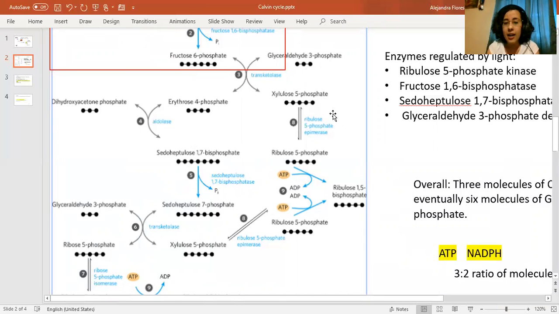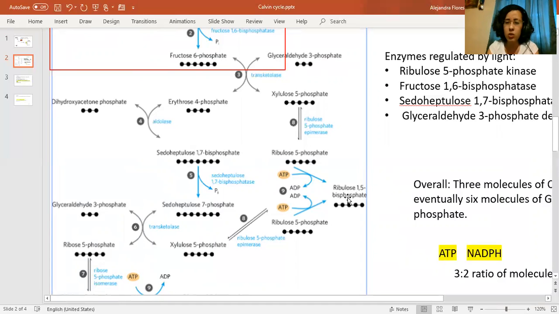And xylulose 5-phosphate is gonna be converted into ribulose 5-phosphate. It's gonna go back, because this is part of the pentose phosphate pathway. So the last stage is actually recovering the ribulose 1,5-biphosphate.